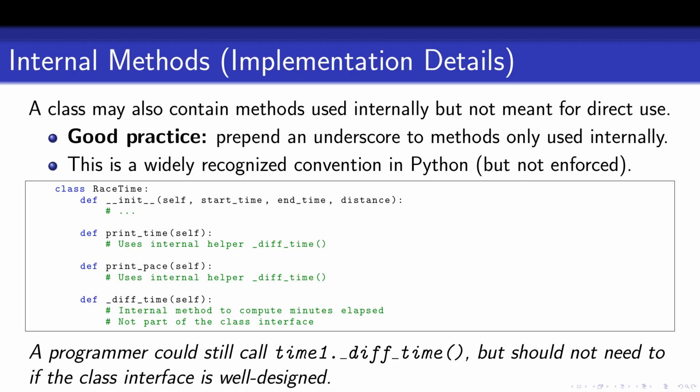It signals to other programmers: this method is internal, don't call it directly. A well-designed class uses internal methods to hide complexity and keep the public interface clean. This separation of interface and implementation makes your class easier to maintain and less prone to misuse.